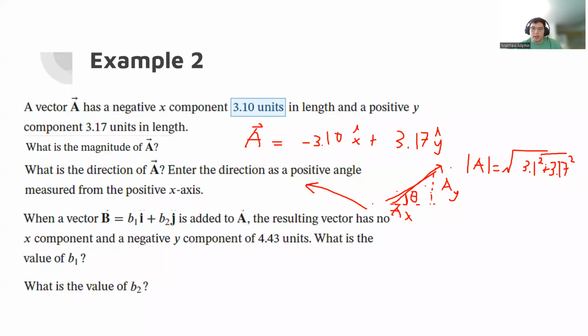So the angle I'm looking for, if this is the positive x-axis here, is this angle. But to find that angle, it's usually easier to just find the angle here and then subtract 180. So I would do the inverse tangent of my y component over my x component.